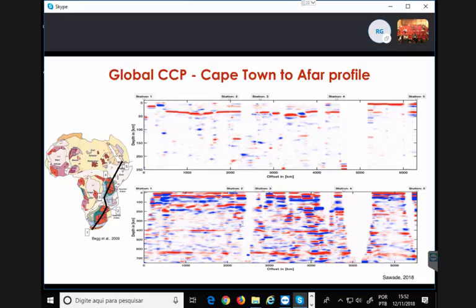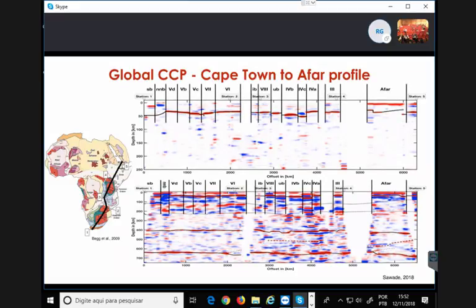Here is a profile that goes from Cape Town all the way into the FR, and that gives you 2 images, one from the surface to 250 kilometers, one from the surface to 800 kilometers. With the interpretation, you can see the Moho over 6,000 kilometers here, and very nice variation with respect to the different geological environments that you're crossing.